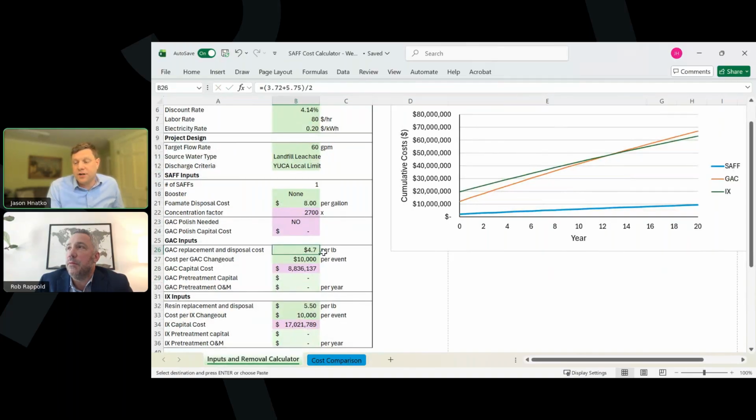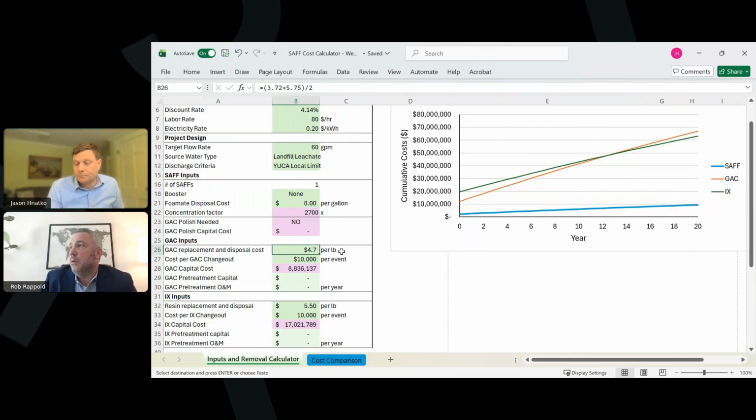You can see here we're using about $4.70 per pound. So that would be the typical cost for a reactivated carbon that's being disposed of for more reactivation. So that kind of under $5 per pound cost would be reactivated carbon.